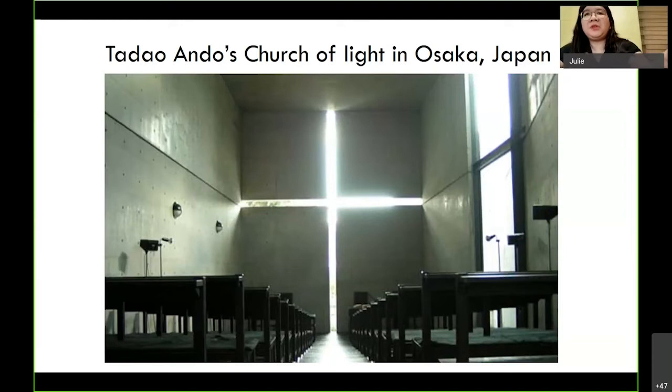But in this design, they create a void between the walls instead of putting a cross on it. So this is how they utilize the negative and positive space to form a design for this church. And other than that, this opening and cross shape actually allows natural lighting into the church as well.